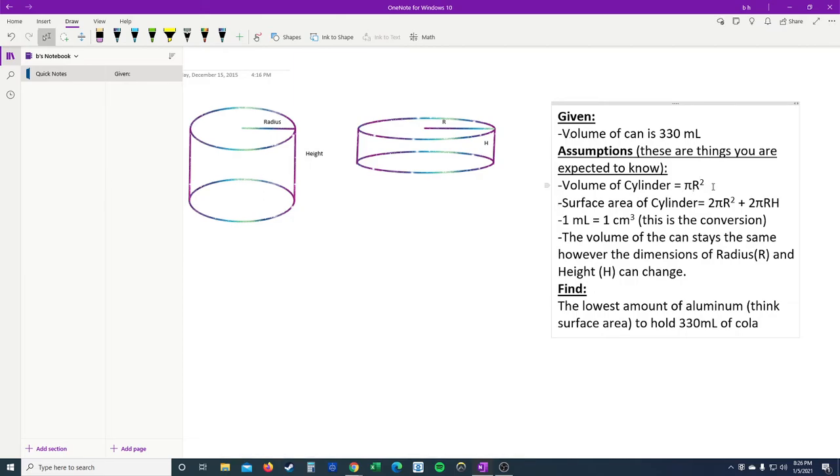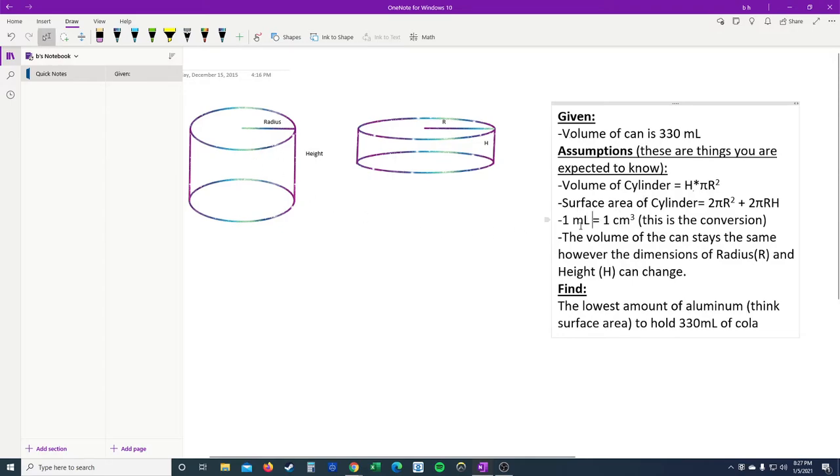It's pi r squared times the height. So I'll put the height, h, times pi r squared. And then we also need to know the surface area of the cylinder, which is 2 pi r squared plus 2 pi rh. As notation, I label the radius r and the height h, as you can see here in a cylinder.